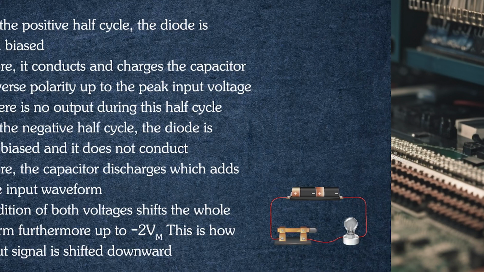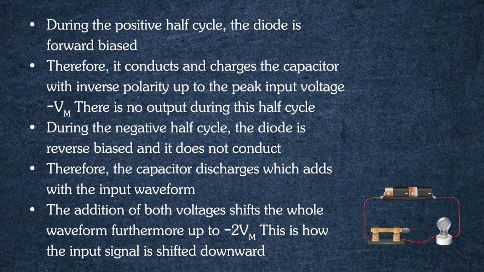In this negative clamper circuit, the diode is connected in such a way that the positive half of the supply makes it forward biased and the negative half of the supply makes it reverse biased. Therefore, the capacitor discharges, which adds with the input waveform. The addition of both voltages shifts the whole waveform further down to minus 2Vm. This is how the input signal is shifted downward.